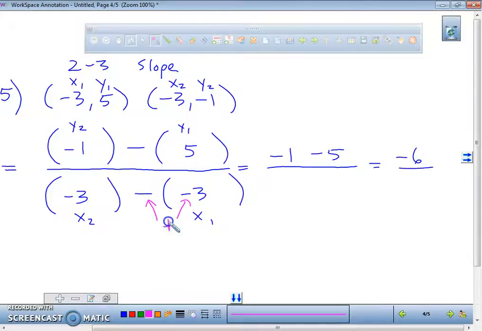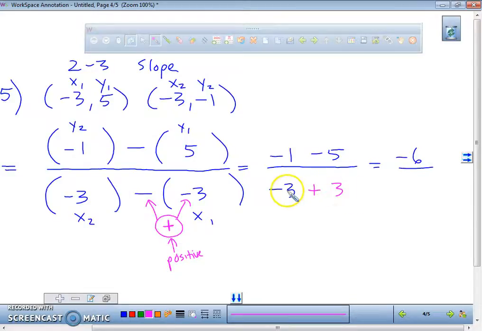That makes it a positive. So in the denominator, you have a -3, but then a +3. A negative times a negative is a positive. That's why this becomes a positive.